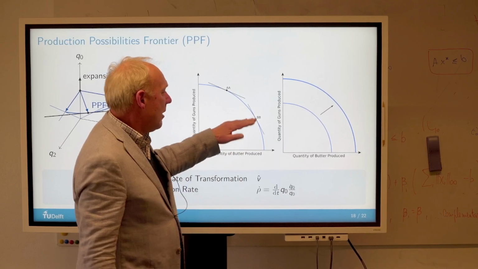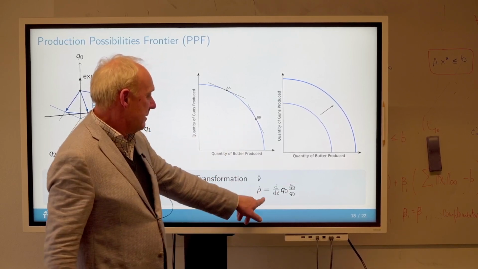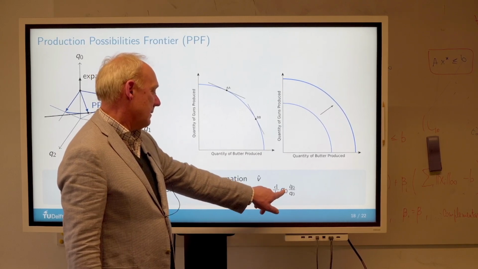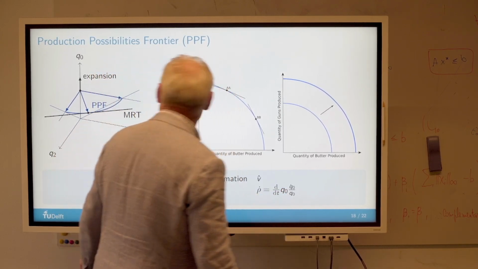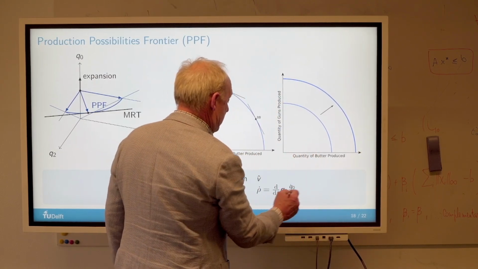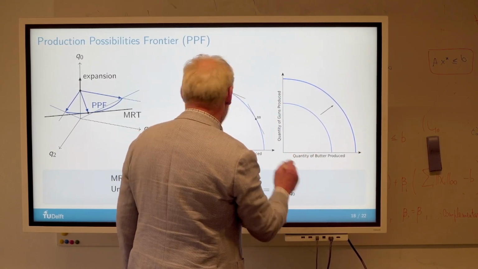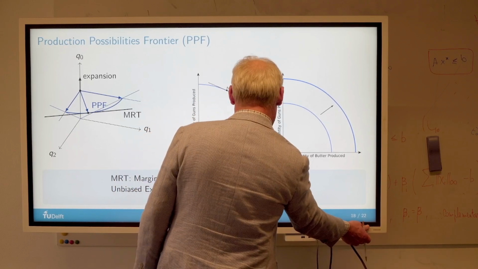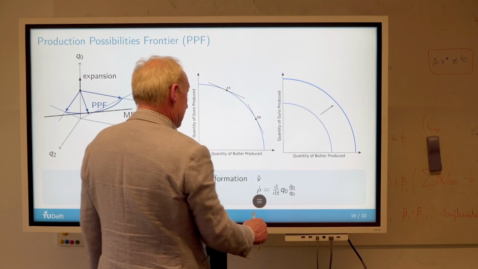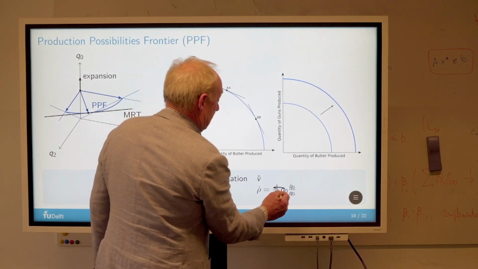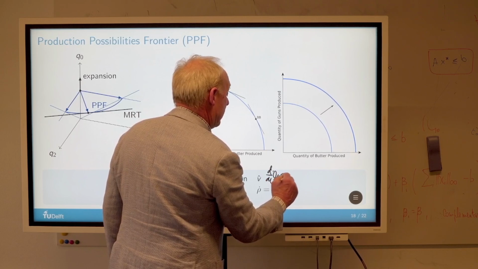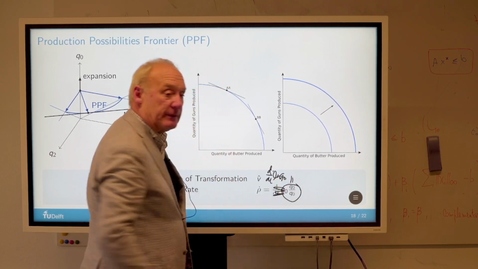So if we use our polar coordinates, I'm missing, the LaTeX messed up here. This should have been d/dt of the log of Q0, and that's equal to that, okay?